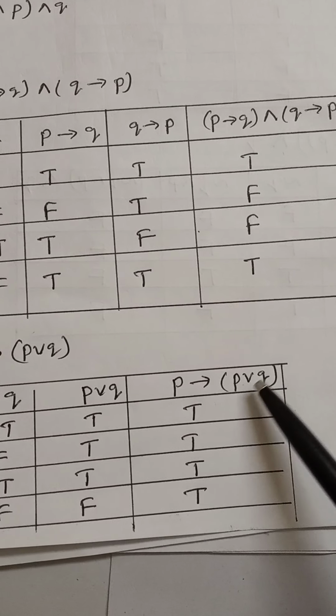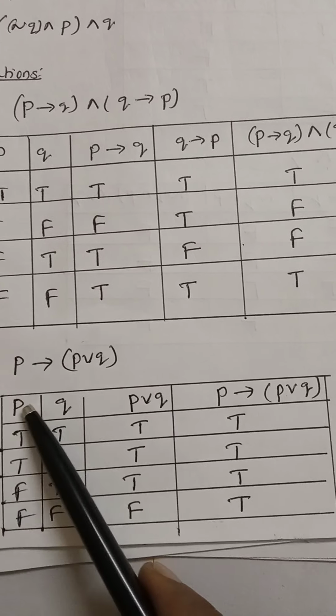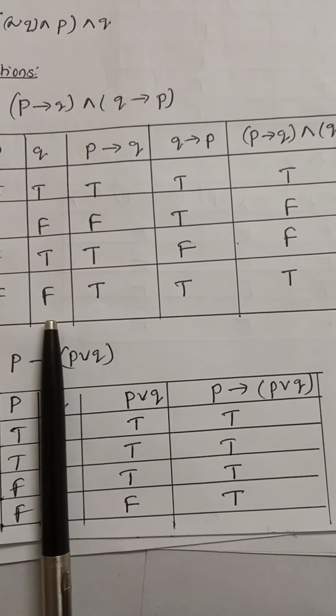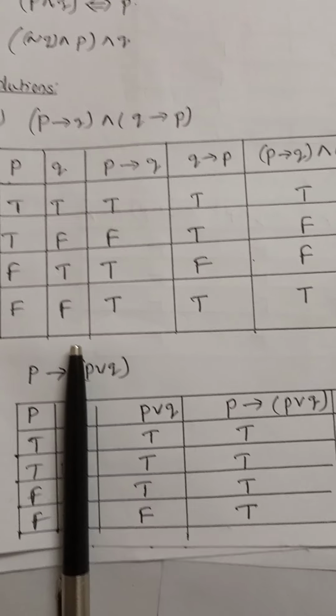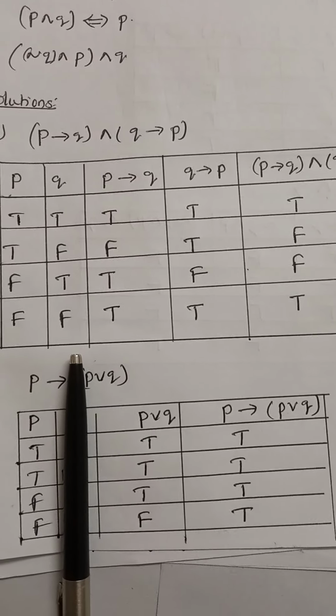Next, we have to concentrate on this compound statement, P → (P ∨ Q). That means these two columns we have to concentrate on, from here to here. This is the implication. Simply ignore the Q column. Now see here, two possible truth values are there.